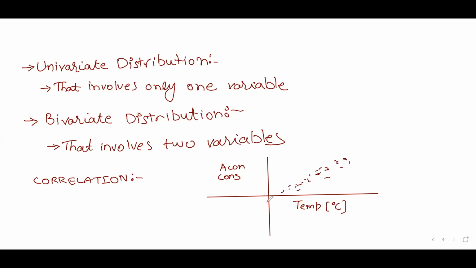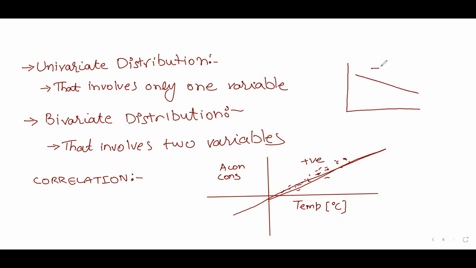So if you make a graph, it will be a line like this one, right? So this is a positive correlation. Sometimes what happens if a graph is like this one? Here, one variable is increasing, then the other is decreasing.